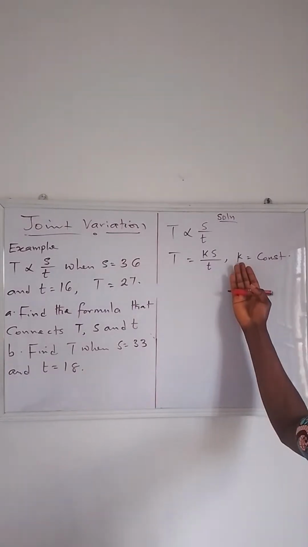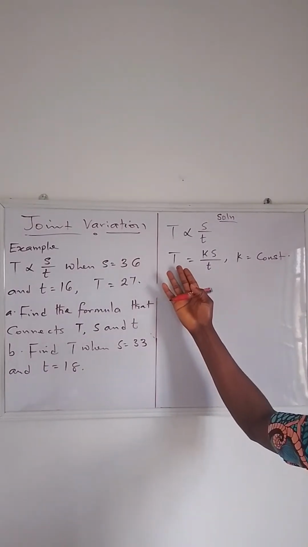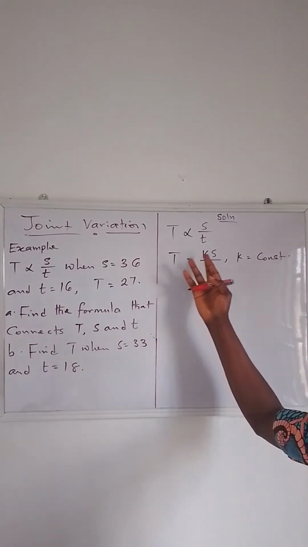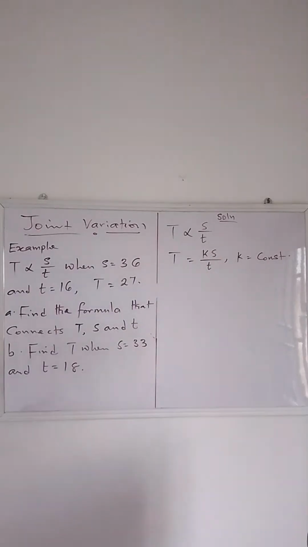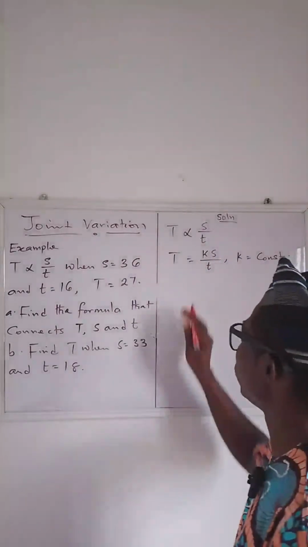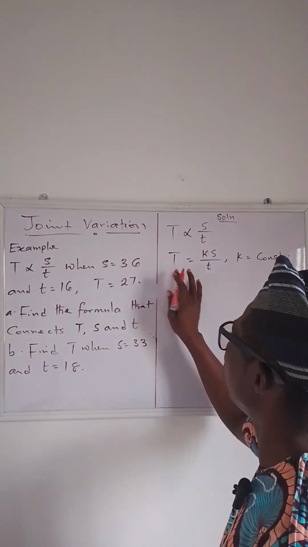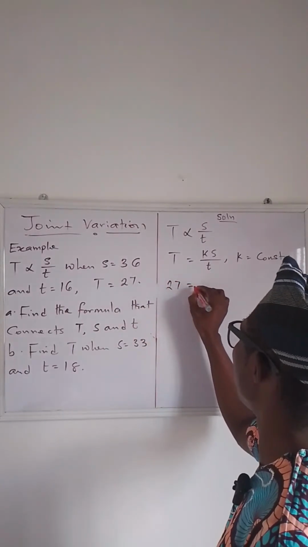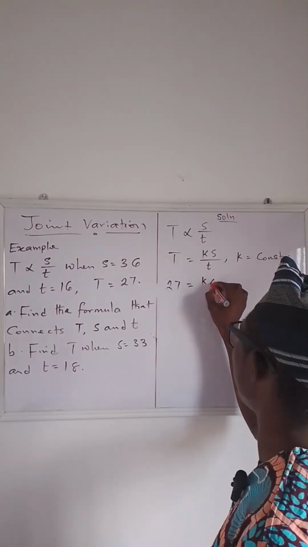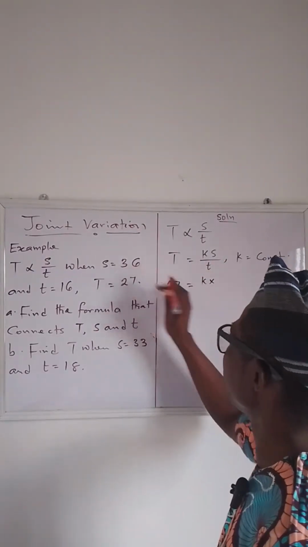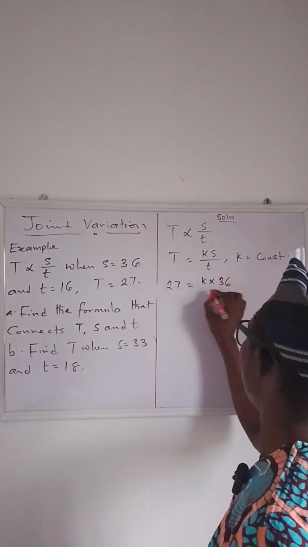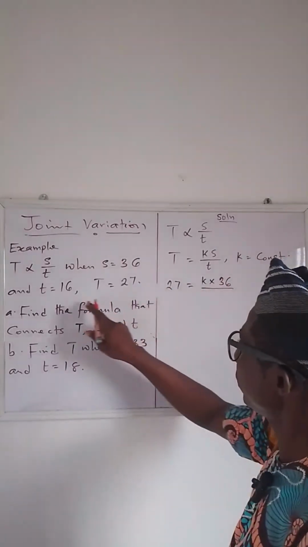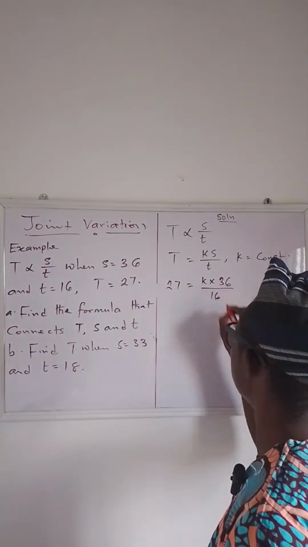So we need to get this constant. Now we substitute the values of capital T, S, and small t. So we have capital T, 27, equals K times, what is S? S is 36 over t, that's 16.